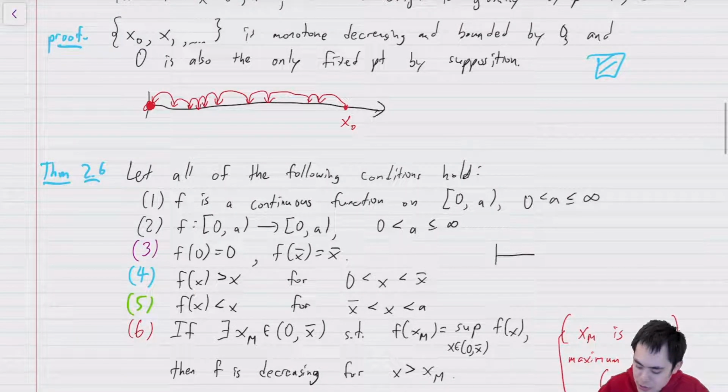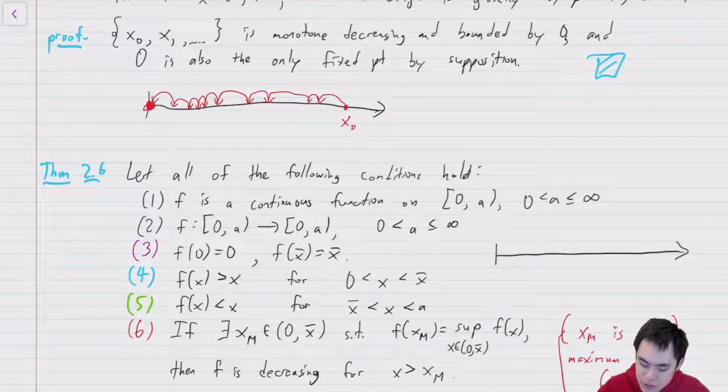So let me draw out the positive real line again. So we have two different equilibria. So 0, and we're going to call this x bar. Okay? So you have two different equilibria. And we know that f of x is greater than x if x is in this region here.